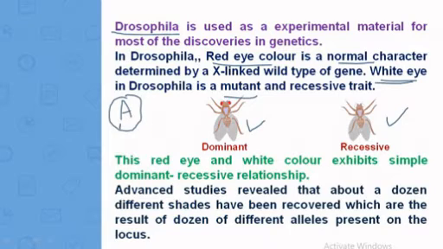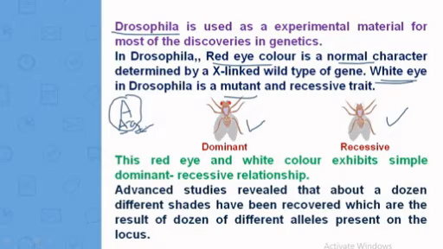Suppose the wild type allele is A, and this allele is responsible for red eye color. The second allele, which arises from this dominant allele, is called the mutant allele. This mutant allele gives rise to white colored Drosophila. So this allele is known as dominant, and this is the first recessive mutant allele.